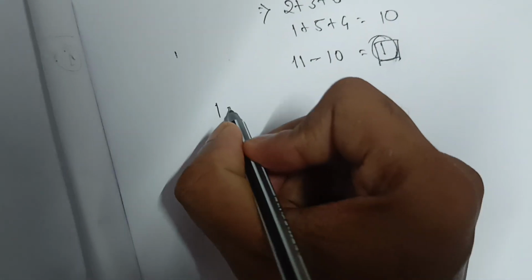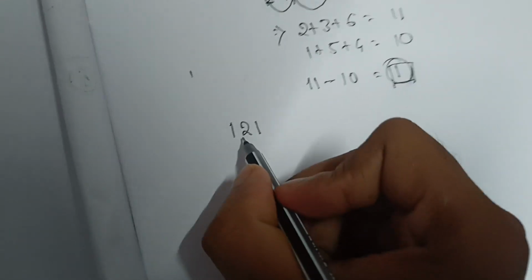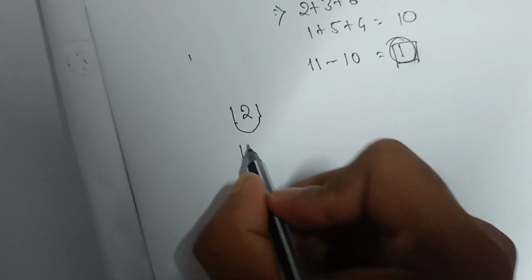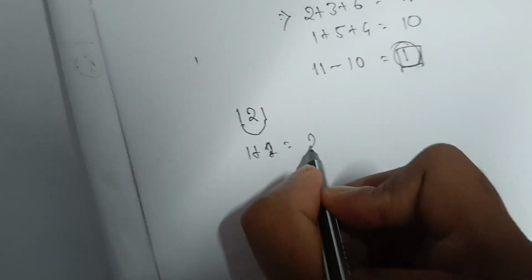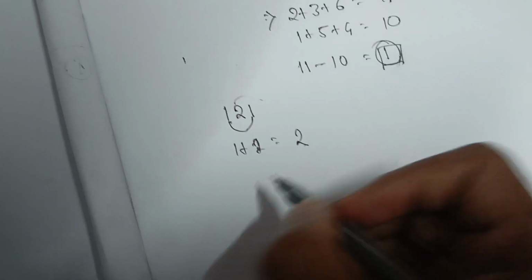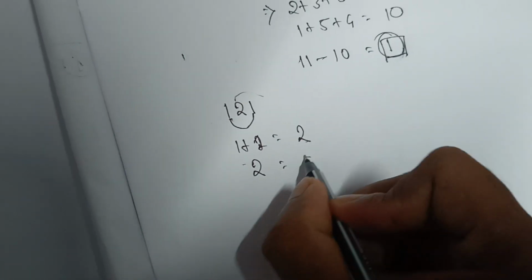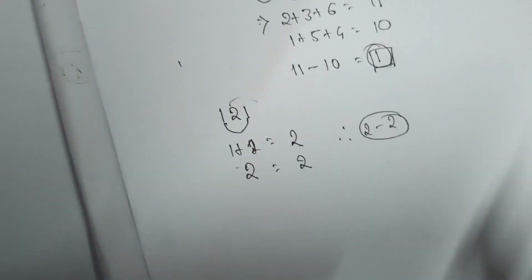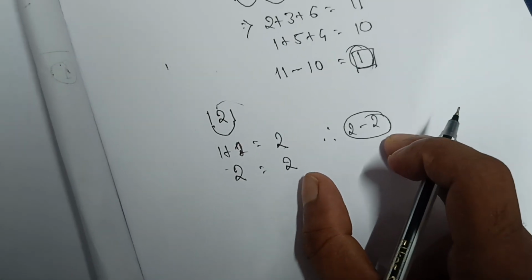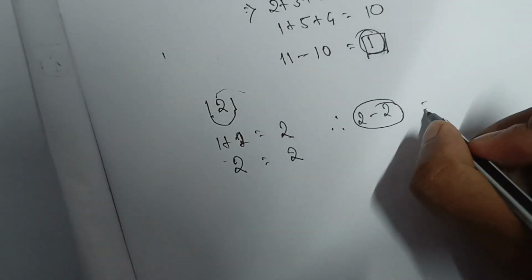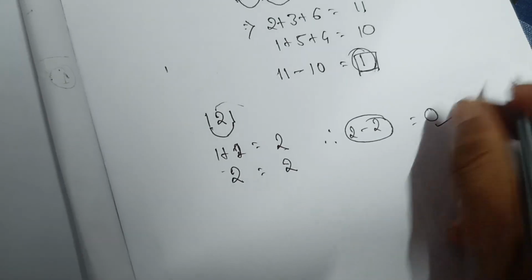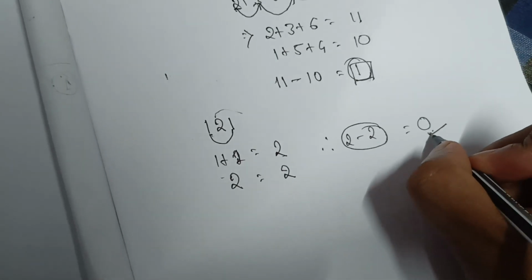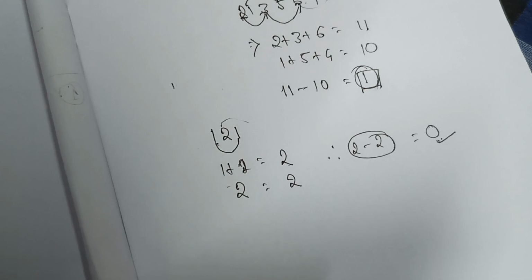Let's take a short example, 121. Here 1 plus 1 is 2, and 2 plus nothing is 2. Then you subtract even places from odd places: 2 minus 2. What will we get? 0.